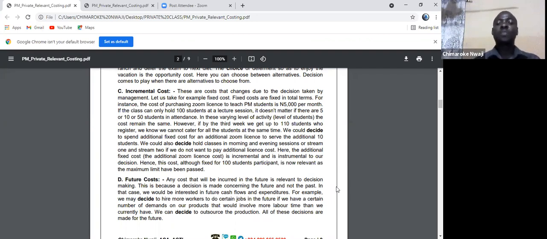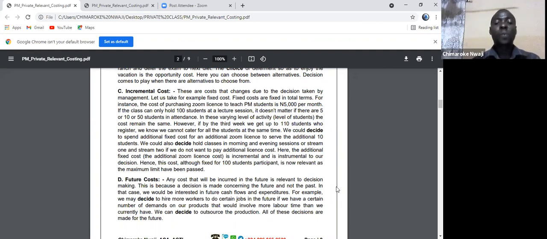Let's say, for example, the cost of purchasing Zoom license to teach PM students here. Let's assume we spent 5,000 naira to buy Zoom license, like the one we have here now. And we know that Zoom can take 100 students at once.